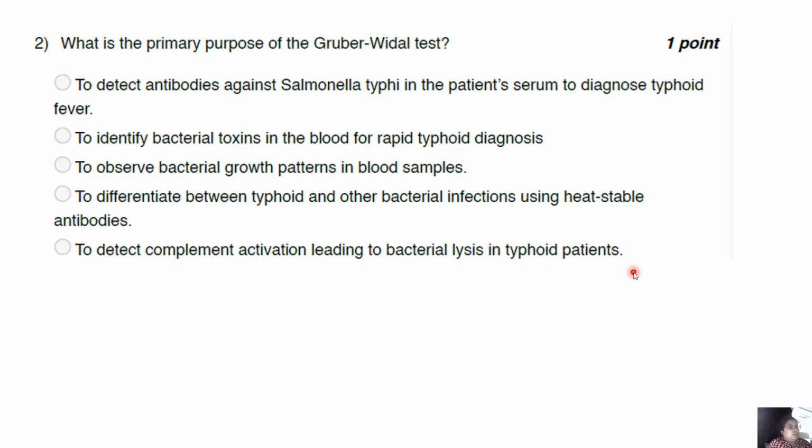So these are the five options. I'll wait for a few minutes. If you know the answer, you can just let me know, or you can just type in the chat box as well.